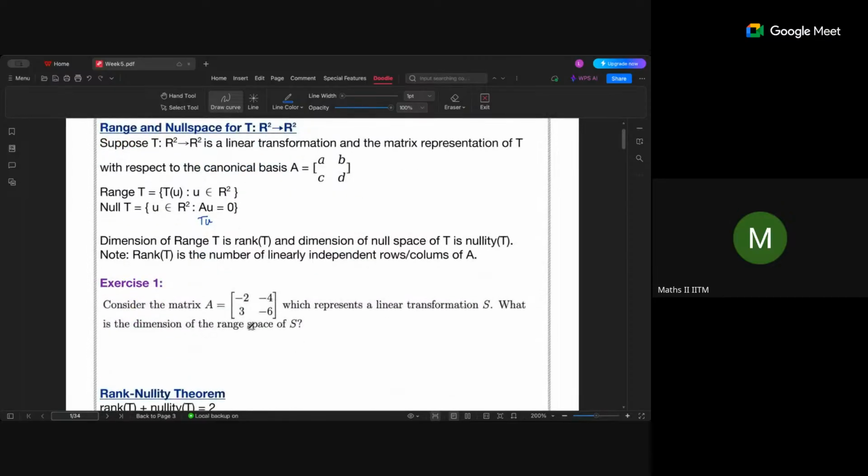So here is a quick check on your understanding. Consider this matrix, which represents a linear transformation S. What is the dimension of the range space of S? Anyone?